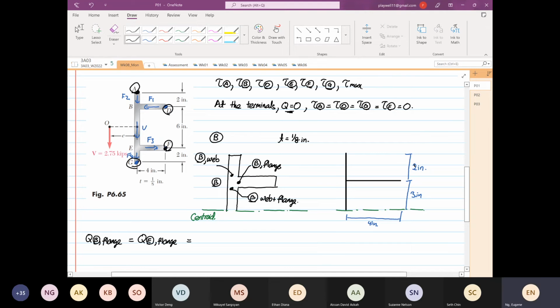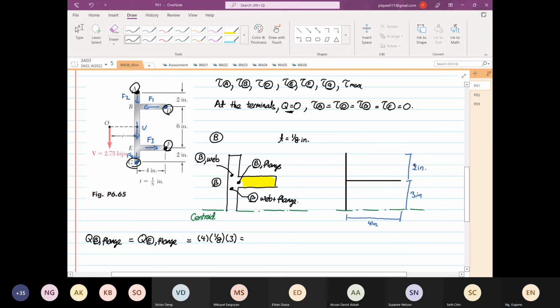So width is equal to 4. So flange is this region. I will color this region. So this is the area we have to consider. So the width is 4. The depth is 1/8. The y is 3.